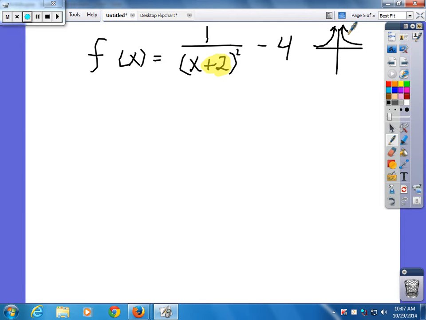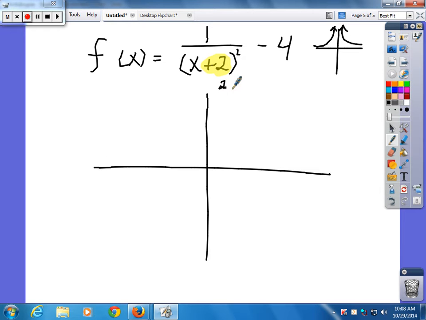So that means we got to take that volcano and we got to move it 2 to the left, and 4 down. So instead of the origin being here, 1, 2, 1, 2, 3, 4.